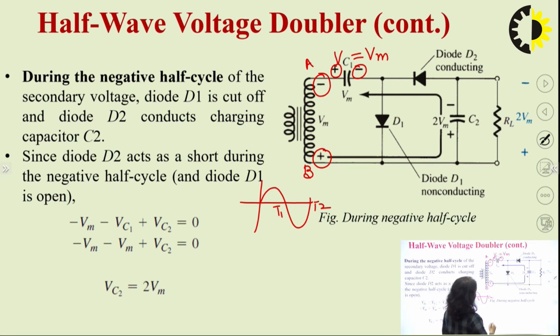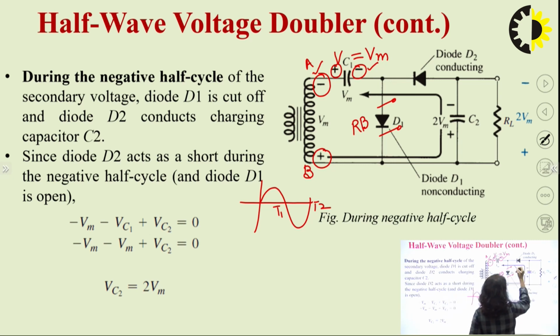So, we can see that this negative potential and this negative potential will make diode D1 reverse bias. So, it will be open circuit and diode D2 will be forward bias. So, it will be short circuit.